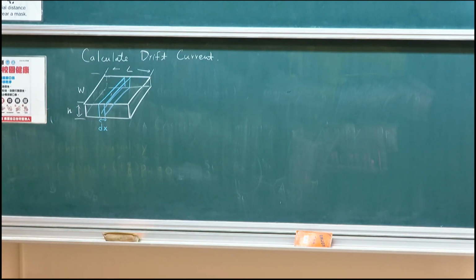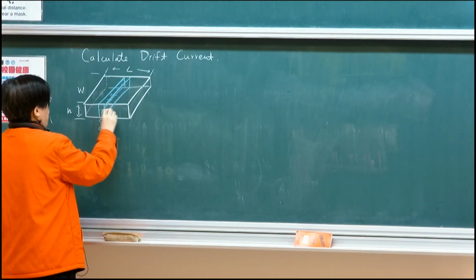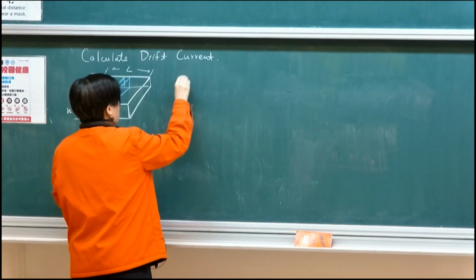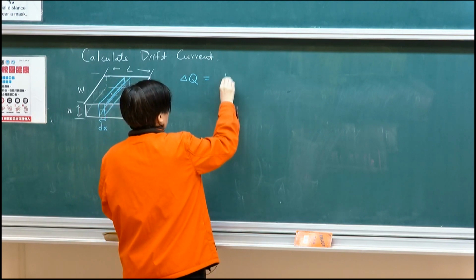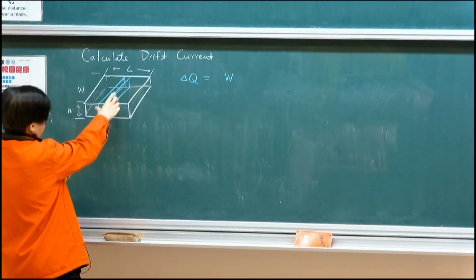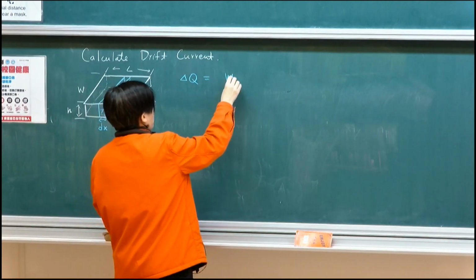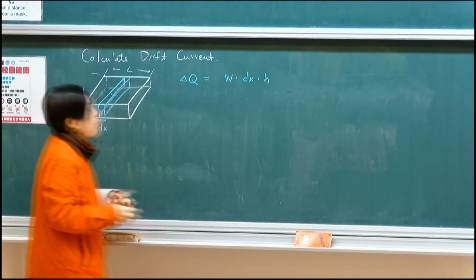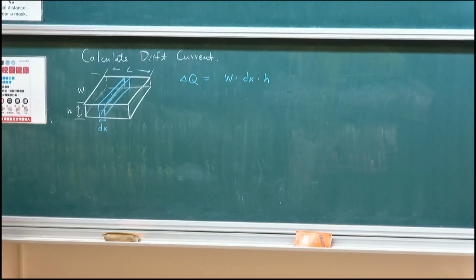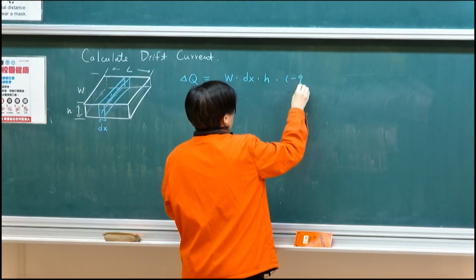So the amount of charge within this box, the blue box, will be delta Q. It will depend on the total volume of this block, which is W times delta X times H, and times the amount of charge, which is minus Q.